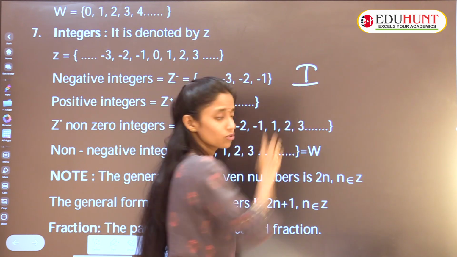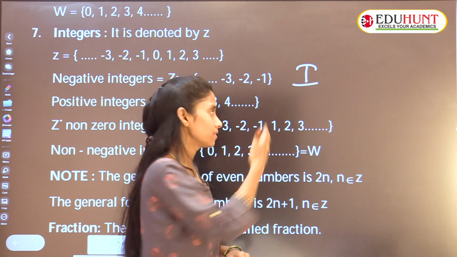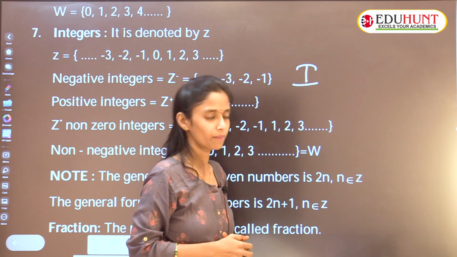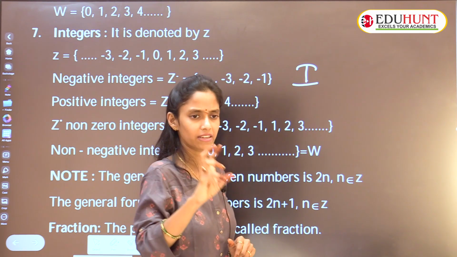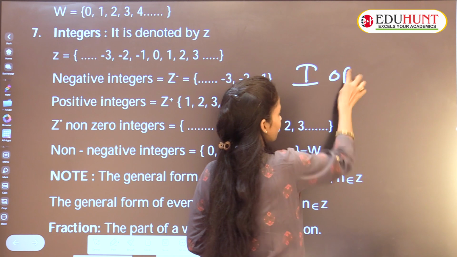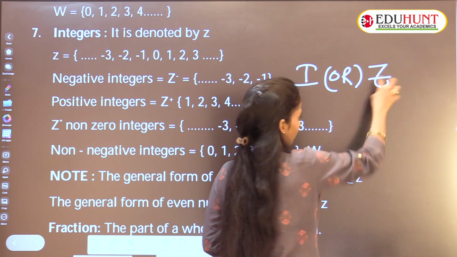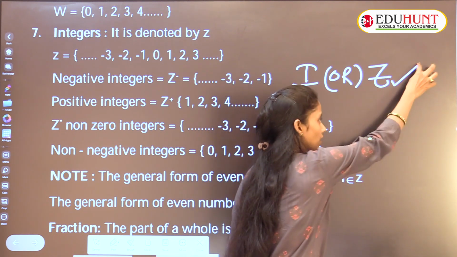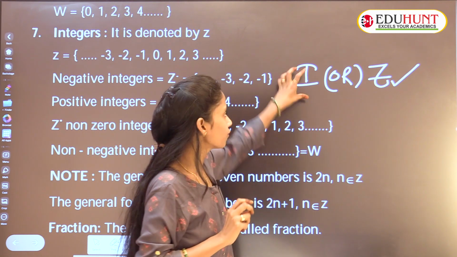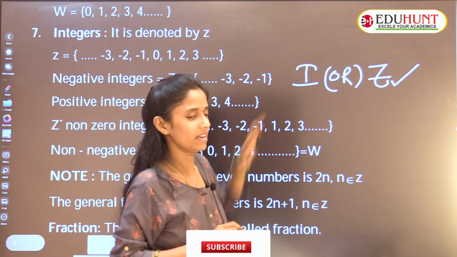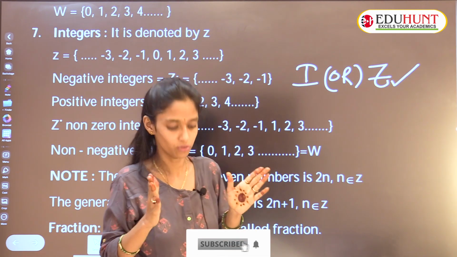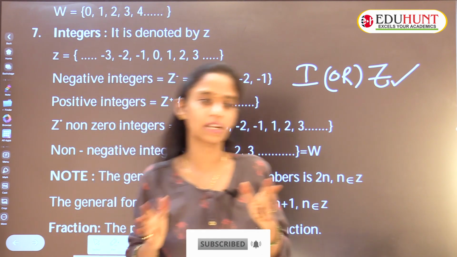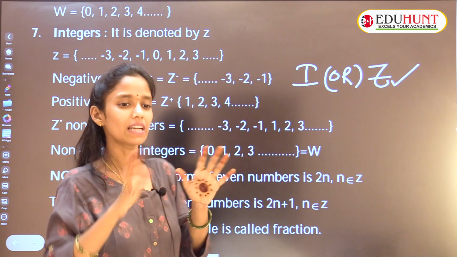Before, integers we used to denote with an I. There is nothing wrong in that. Now also in some textbooks they are giving I. Most of the textbooks have Z only, but a few textbooks have I. So no need to get confused.